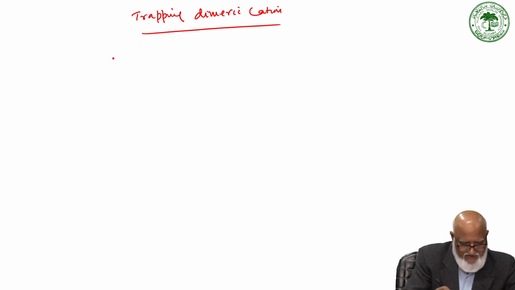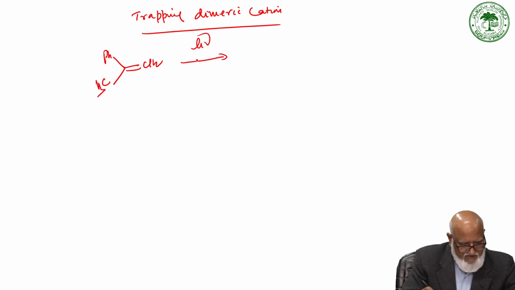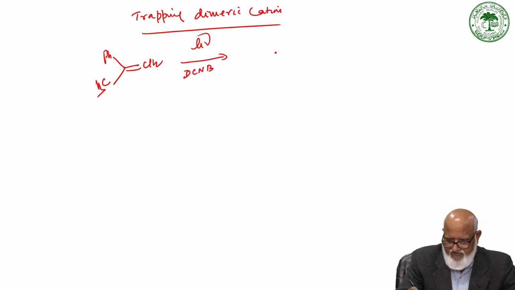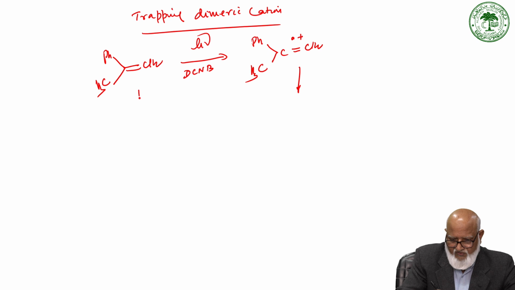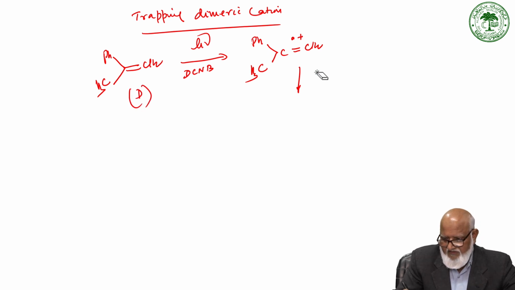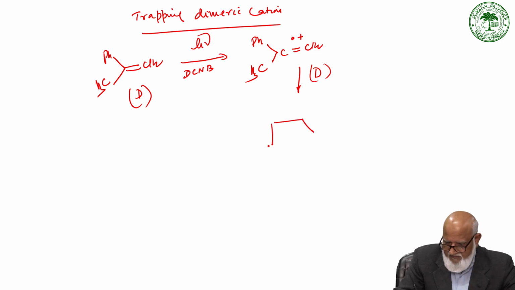If we have an alkene like this, CH2 double bond with Ph and CH3, in the presence of light and dicyanobenzene as an electron acceptor, it generates the C double bond CH2 radical cation, with Ph and CH3. This, the donor, reacts with another molecule of donor to give a cation, with a radical here.